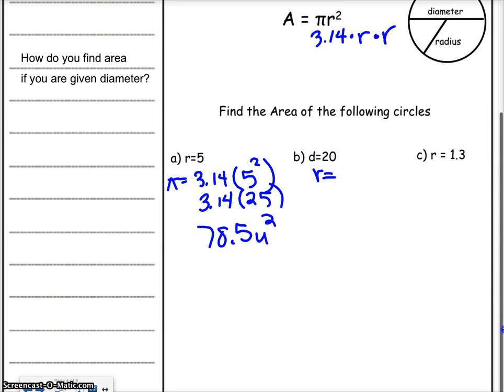If the diameter is 20, what's the radius? 10, half of it. Now I use the formula. Area is equal to 3.14 times 10 squared. 3.14 times 100, 314 square units.